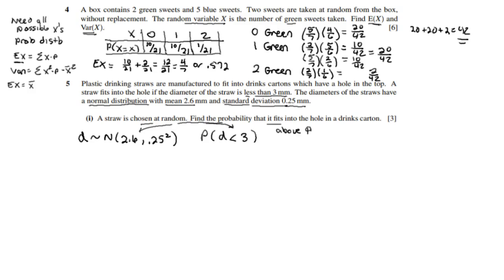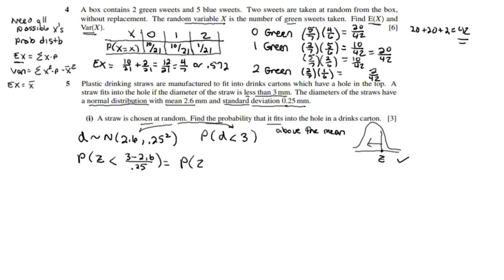Now, you can see that 3 is bigger than the mean. So when I convert it to a z-score, it's going to be on the positive side. So that's good news because it wants it less than that, which my table happens to do. So the probability, all I got to do is convert it to a z-score. 3 minus 2.6, all divided by 0.25.